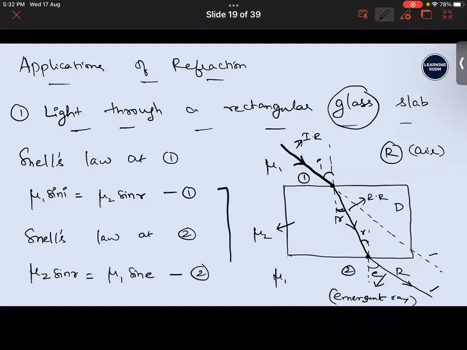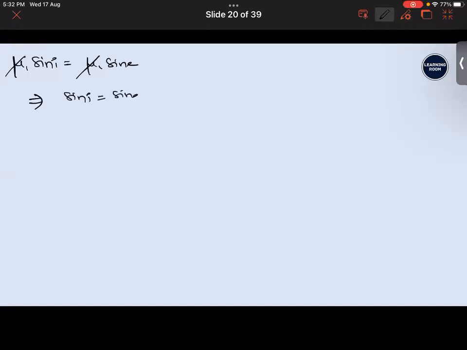So from 1 and 2, the important point that we are able to understand is mu1 sin I is equal to mu1 times sin E. Mu1 and mu1 will get cancelled, which implies sin I is equal to sin E.